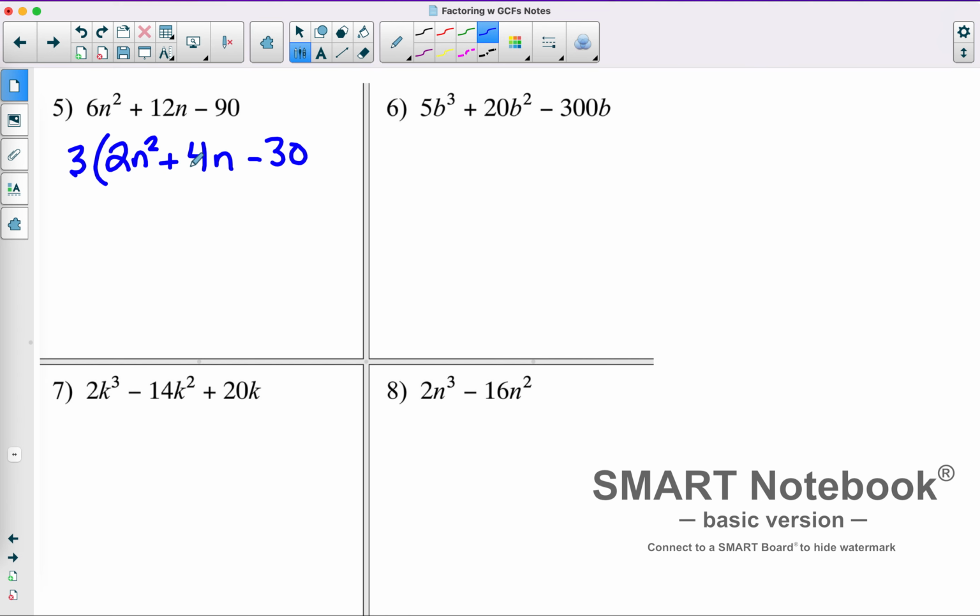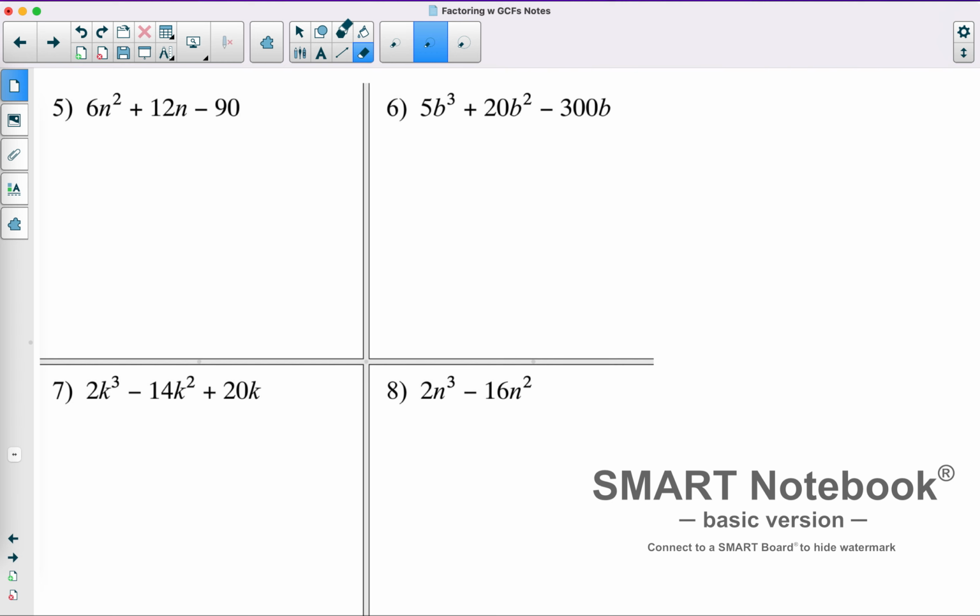Actually, what I see now is that 3 was not the greatest common factor, it was 6, because 2, 4, and 30 also have a greatest common factor of 2. So that means I didn't pull out the biggest common factor. That's one way to kind of check your work. So 6 would be the largest, and that would mean I have n squared plus 2n minus 15.